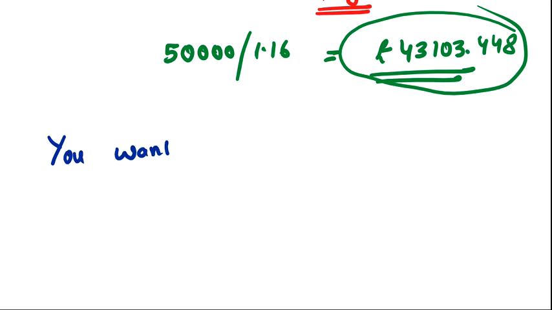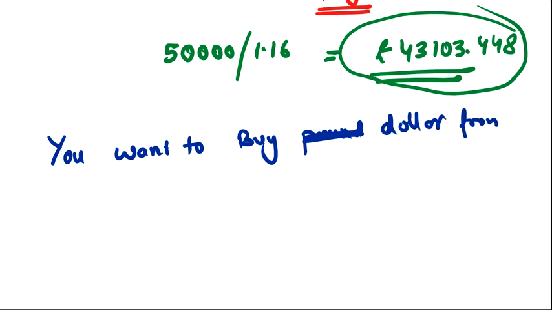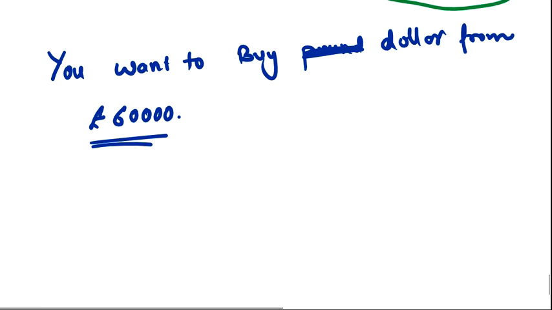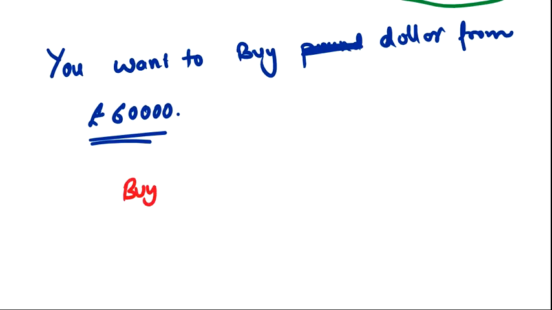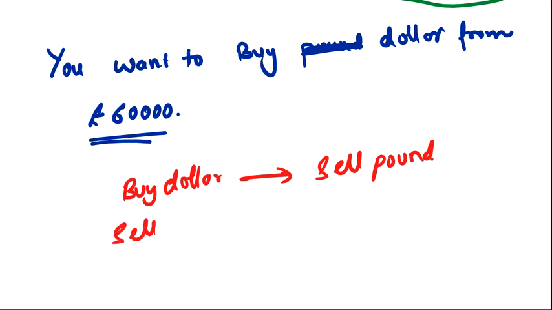You want to buy dollar from 60,000 pounds. Now always remember, buy dollar means sell pound, sell dollar means buy pound.